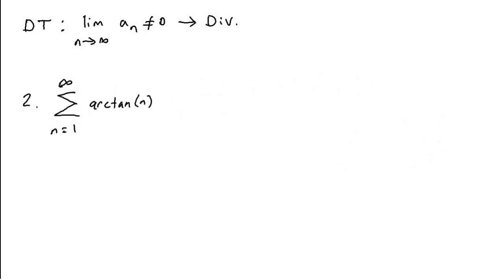So for number 2, let's say now we have the series from 1 to infinity of arctangent of n. So once again, to use the divergence test, we're just going to use limit notation. So the limit as n approaches infinity of arctangent of n. And so if you plug in infinity for n, we'll get arctangent of infinity.